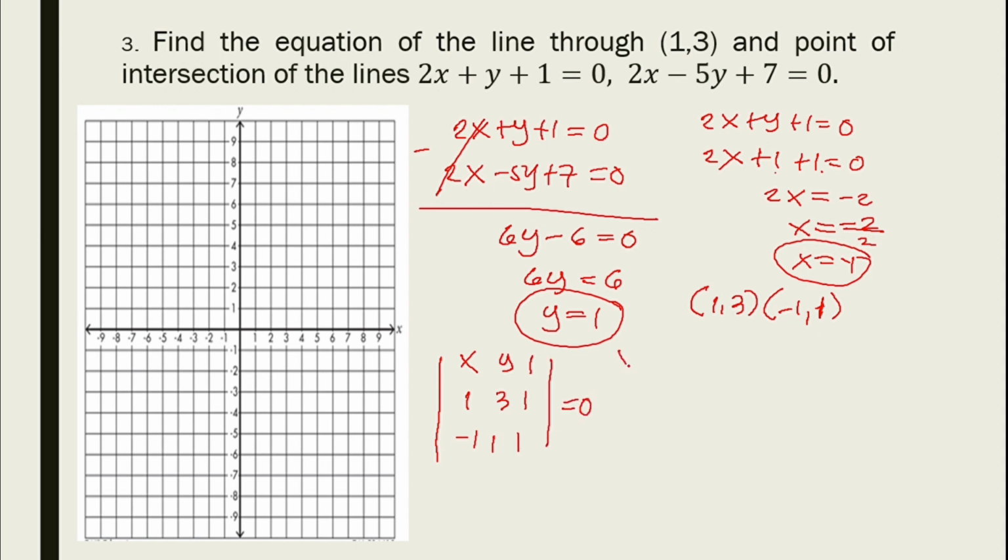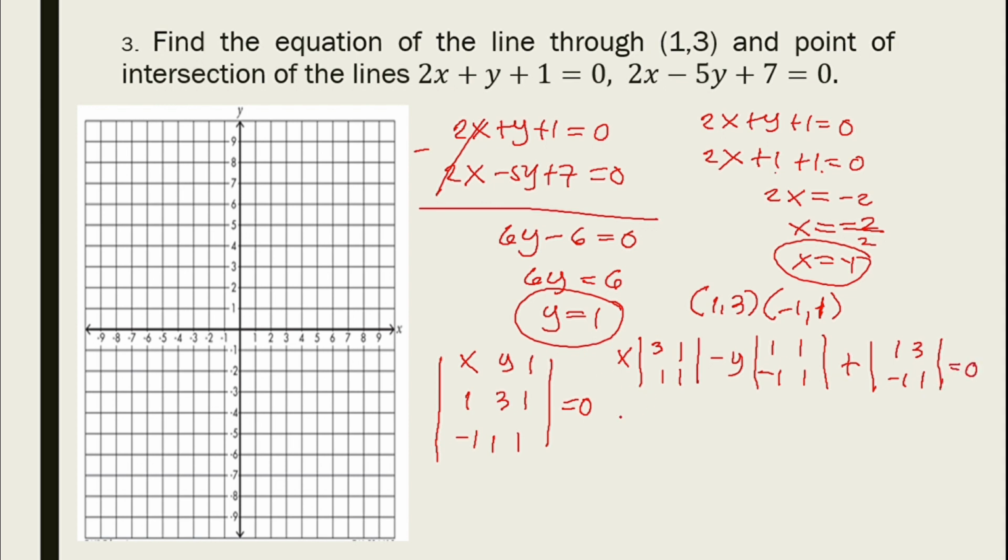So our x determinant here, we have 3, 1, 1, 1, minus the y determinant 1, 1, -1, 1, and plus the constant determinant 1, 3, -1, 1 equals 0.